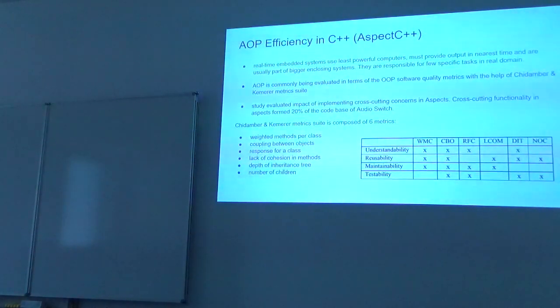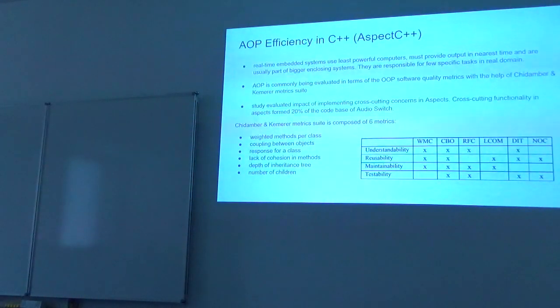The first use case is about the impact of aspect-oriented programming on real-time embedded systems. In my first use case related to real-time systems, these researchers were interested in the impact of the AOP approach and the introduction of aspects on both software quality and real-time embedded systems performance.